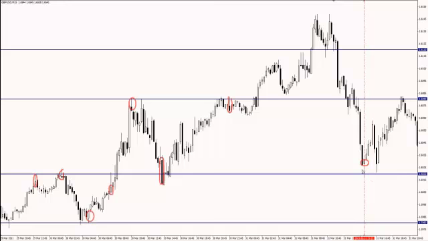This signal happened in the US session, also no valid signal here, but we got a nice bullish candle here, almost a double bottom, and that will be a valid signal after the US session. And the target got hit here to the 80 level.